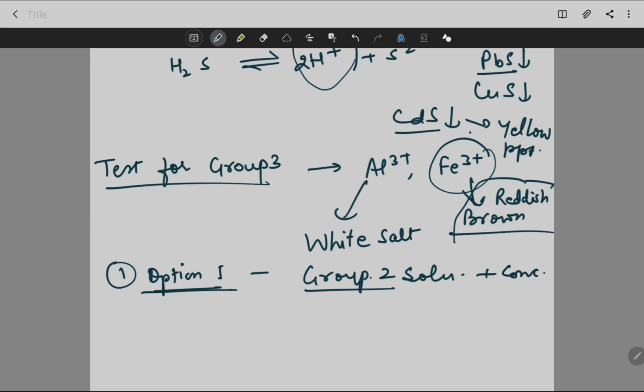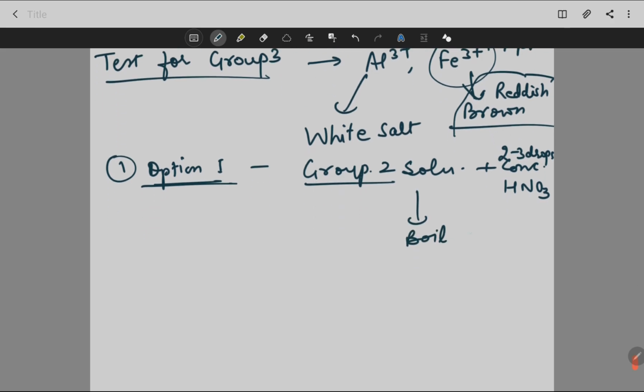longer procedure. That is, we will add 2-3 drops of concentrated HNO3 to it, and then we will boil it. After boiling, boil and cool. Then you will be adding ammonium chloride solid.